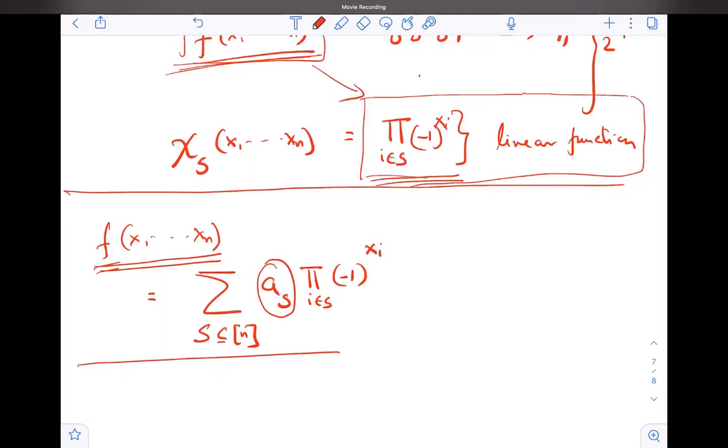So understanding Fourier, or understanding Boolean functions, or any function for that matter, boils down to understanding this set of coefficients. What are the properties of these coefficients? What can you learn about those coefficients? Can you estimate those coefficients?